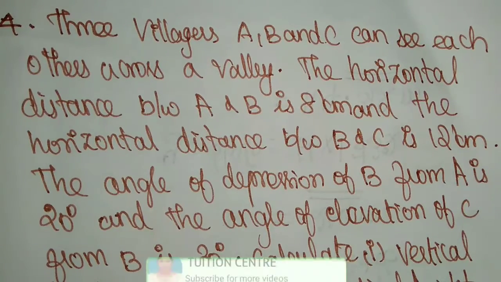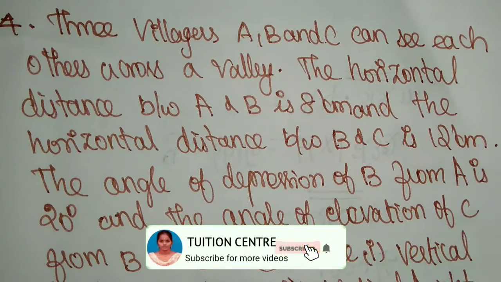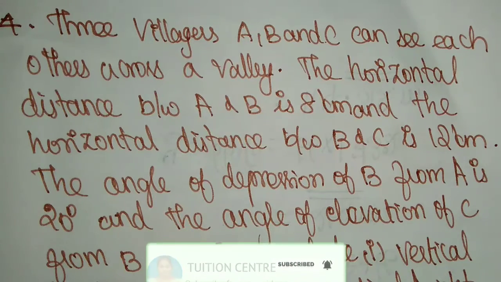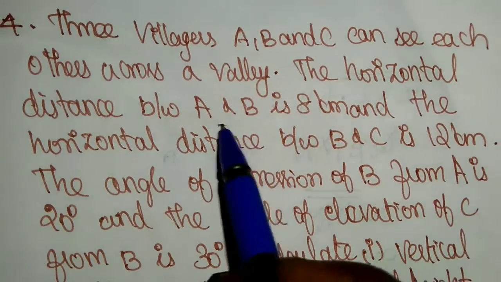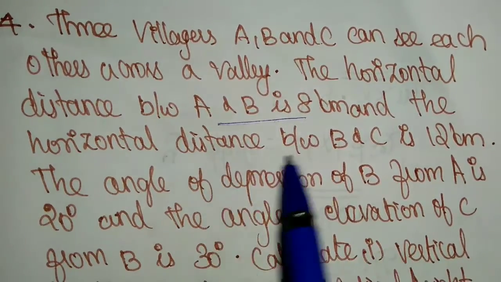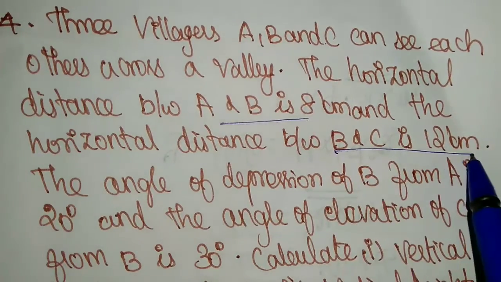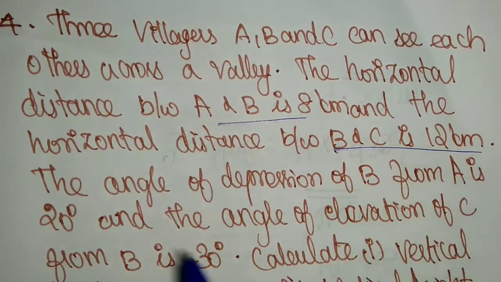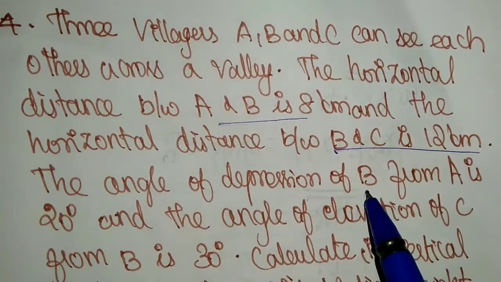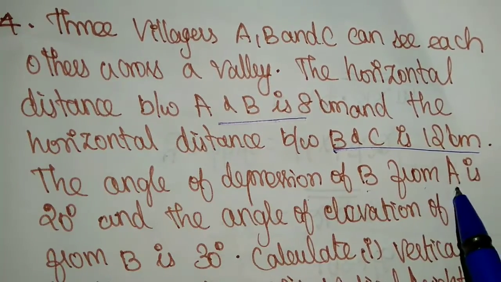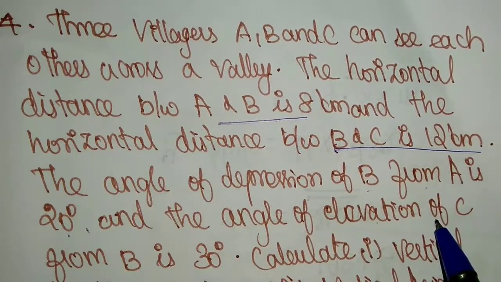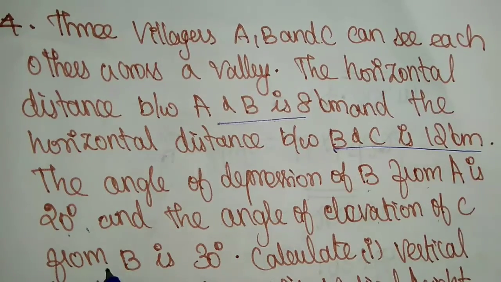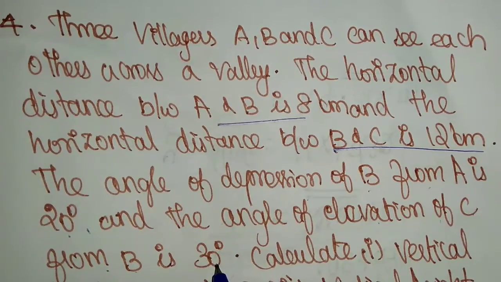Fourth problem. Three villages A, B and C can see each other across a valley. The horizontal distance between A and B is 8 km and the horizontal distance between B and C is 12 km. The angle of depression of B from A is 20 degree and the angle of elevation of C from B is 30 degree.